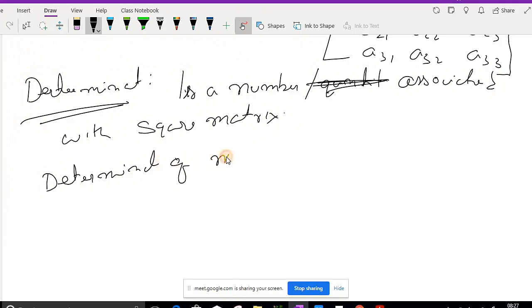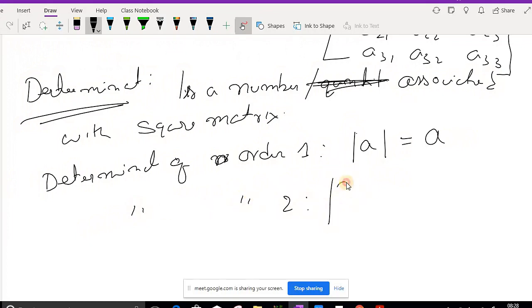Determinant of a matrix of order 1: it will be the determinant of a, which is a only, with the determinant symbol. Next, the determinant of order 2.